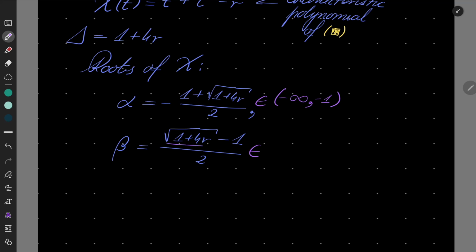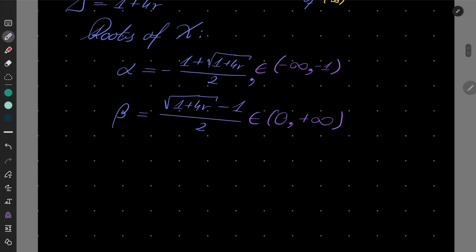Well, the square root is greater than 1, so this number is necessarily positive. And moreover, one more thing will be very important. The absolute value of alpha is greater than the absolute value of beta.